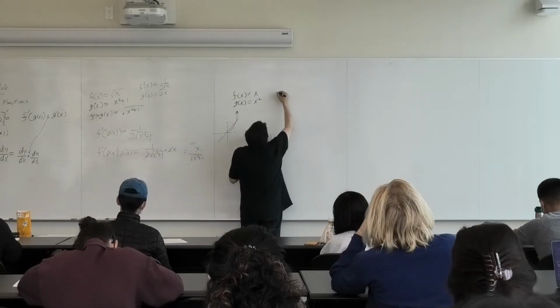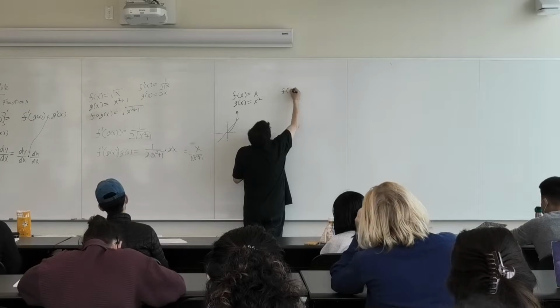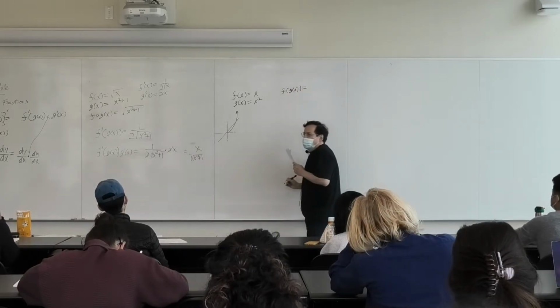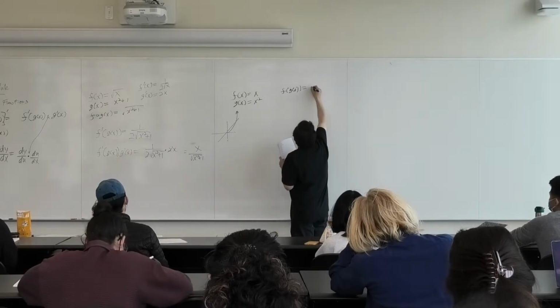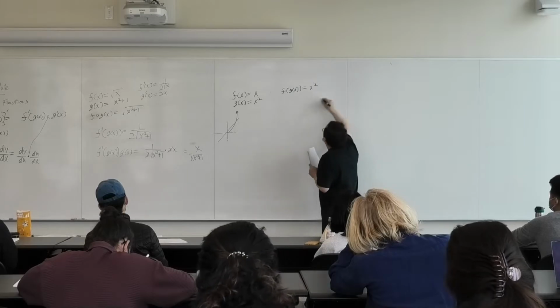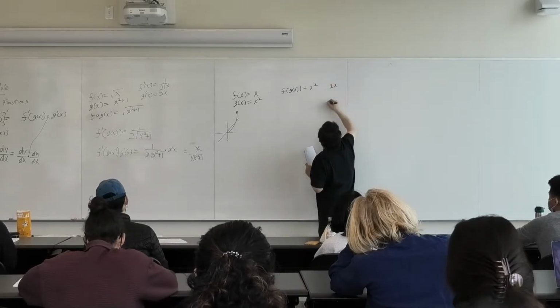So f of g of x, well, as I said, this is a simple example. It's just going to be x squared. And we already know the derivative of this. It's 2x, right?